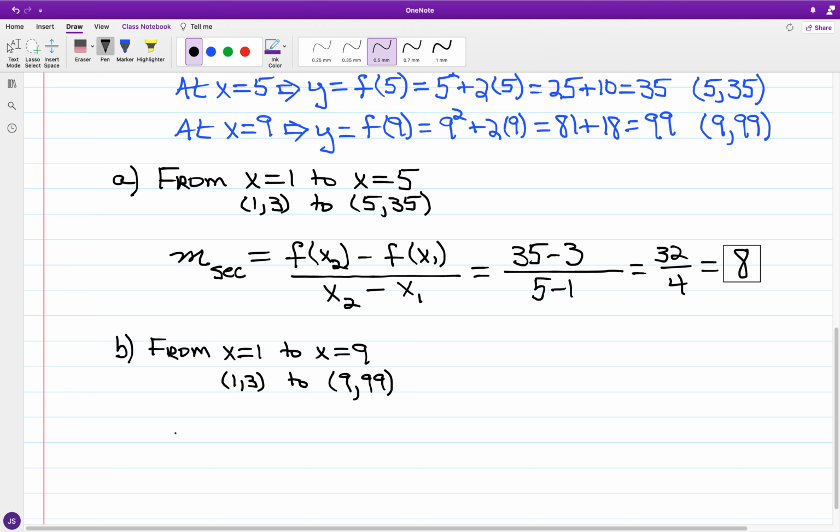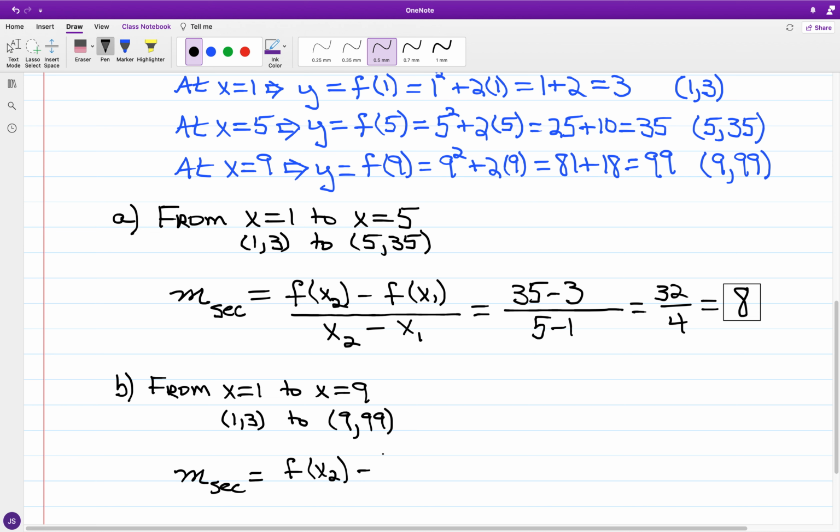And for that particular rate of change, again, you're still looking at the change in y values with respect to the change in x. So you have going from 3 to 99 in y, so the amount of change, you have 99 minus 3.